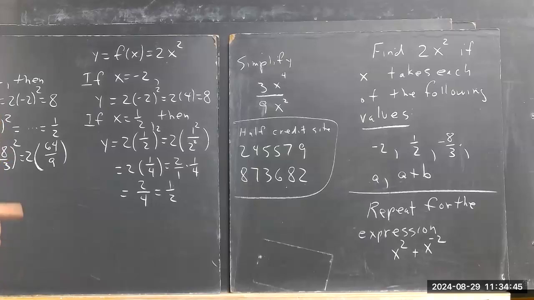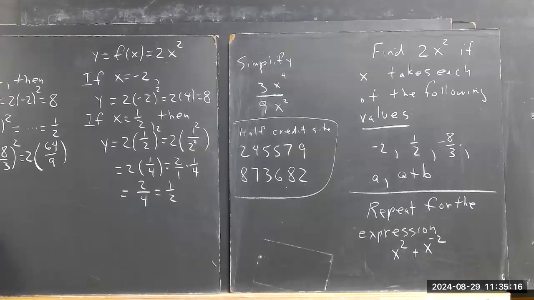If you're not seeing it in your head between this step and this step, write it out until it automatically comes into your head so that you don't screw something up. Okay? So you're less likely to screw something up. We all screw things up. You're going to see me screw up a lot of things. Okay. So we got 2 times 64/9, which is 128/9. Doesn't reduce by factorization and all that stuff, which we'll talk about.